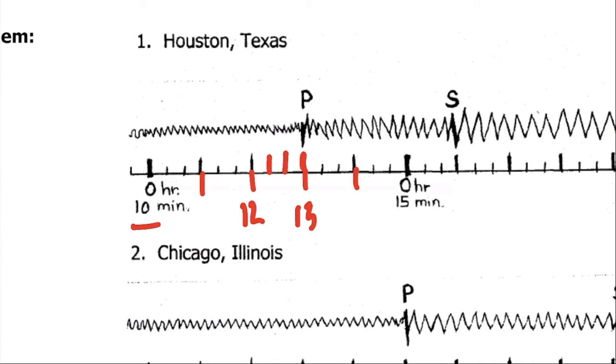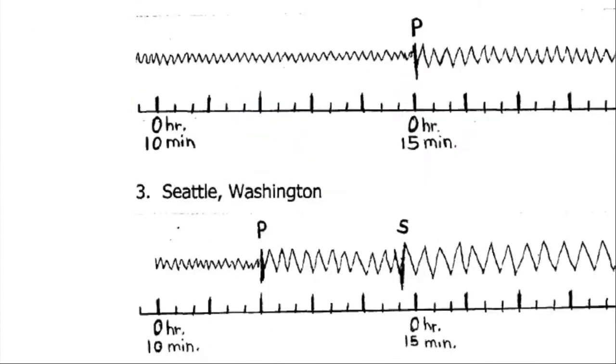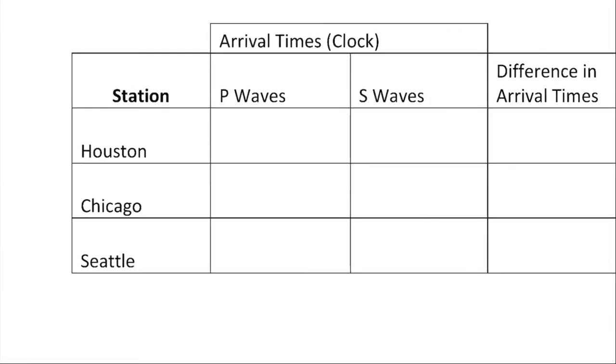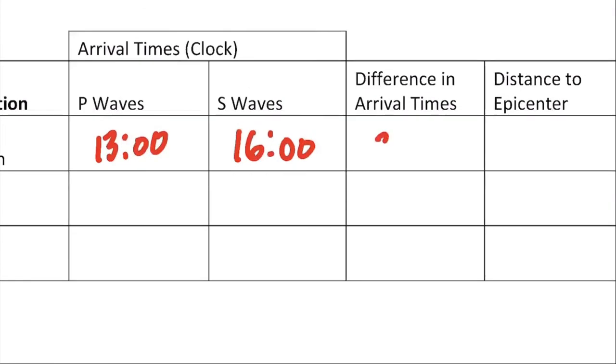So I actually just figured out the answer to my box down below, so I'll go and write that in just a second. S wave, while we're here, this is 15, that's right on 16 minutes. So we've got 13 minutes and 16 minutes for our P and S wave. And obviously that leaves us a 3 minute difference.